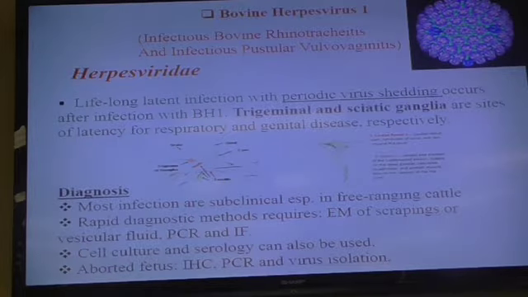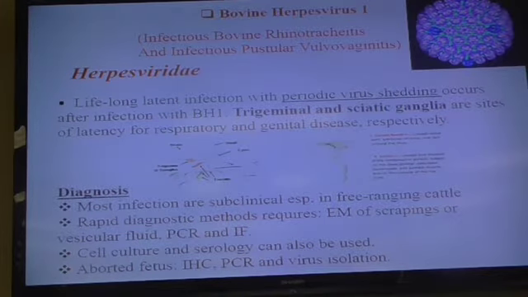Most infections are subclinical, and the tests that are used are tests for the presence of the virus, because it's abundant in nasal secretions. Now, when there is abortion, you have to take care of the fetus as well, because you can take samples from the fetus. And we'll talk about how to do that during the lab session.